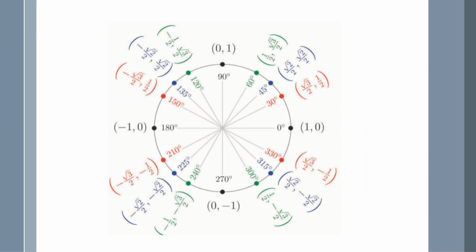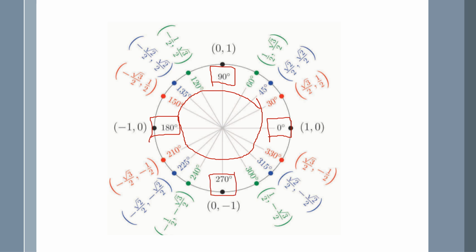Again, we just built the inside of the unit circle. I know you guys probably are going to have questions about the 0 degrees, the 90 degrees, the 180 degrees, and the 270 degrees. They're also not going to be considered reference angles because reference angles are acute.